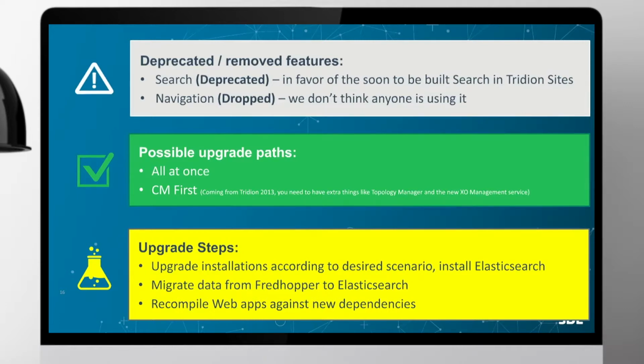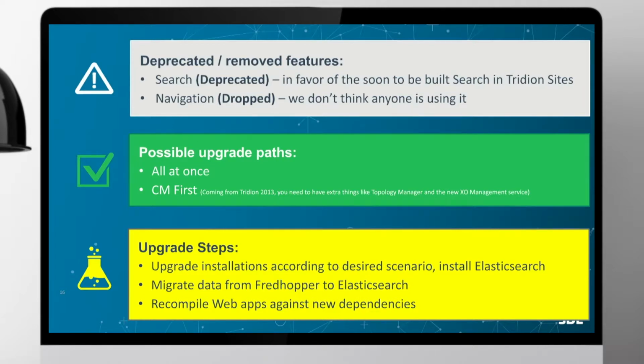The upgrade steps in themselves are relatively straightforward. What you want to do is first determine how you want to upgrade, and then, looking at the specific XO part, you install Elasticsearch and migrate data from Fredhopper into Elasticsearch, which will already give you the capability in your CM to show all the items that are XO, so experiments and promotions and things like regions and trigger types.